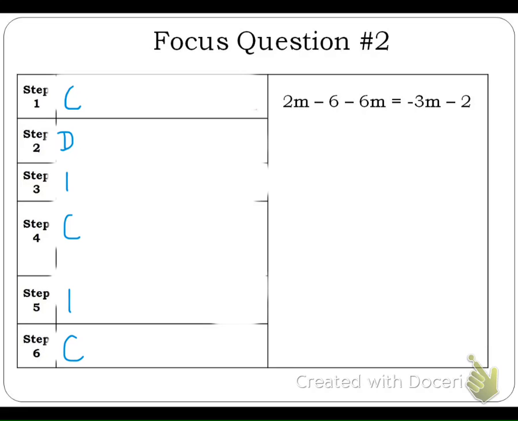Okay, so our first step, we need to do what? Cross multiply complex fractions. So do we have any here? Nope. So we're done with that step. Alright, what does the D stand for?